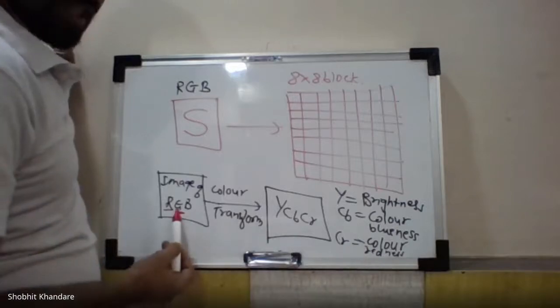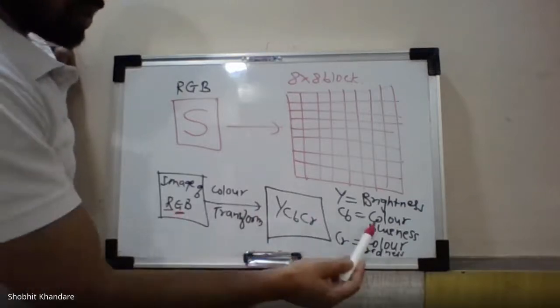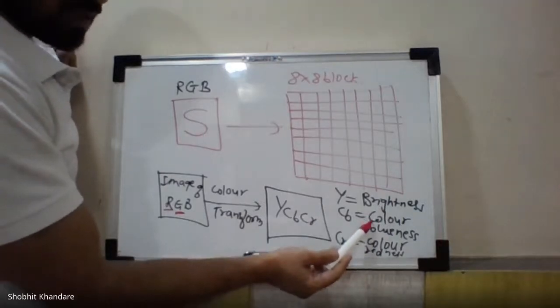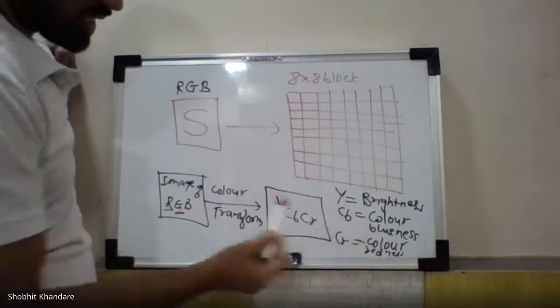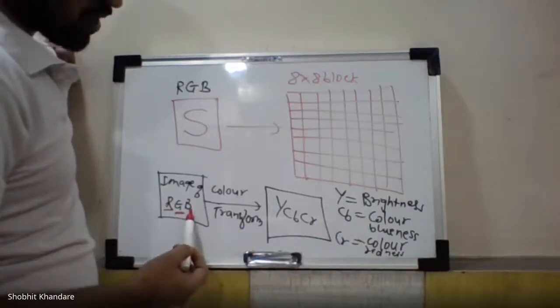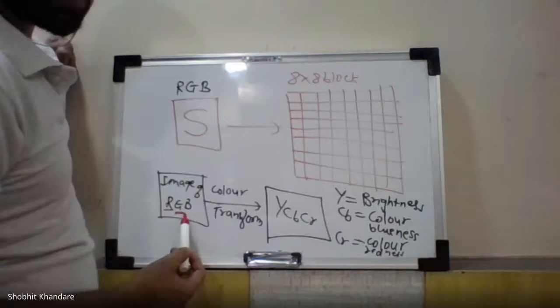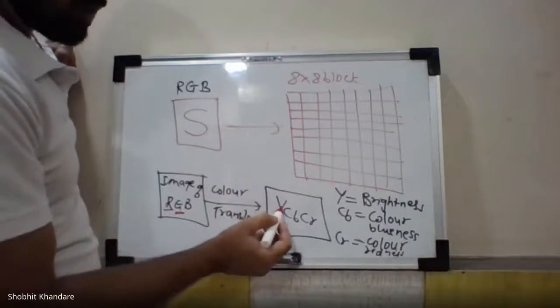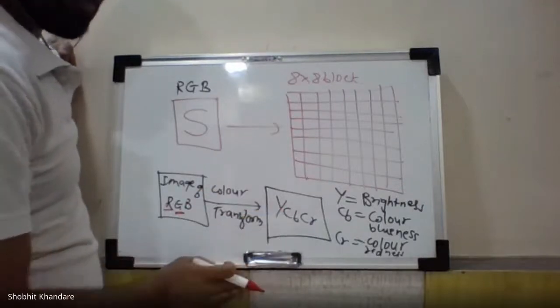And green is converted into color blueness. What is the color blueness? This is a blue difference related to the green color. Okay. We are not doing anything over the blue color. And the brightness is given by Y.